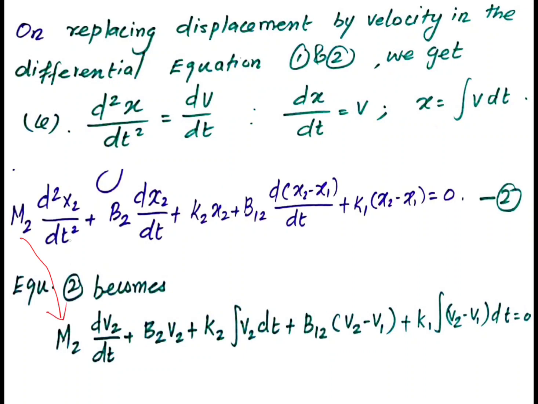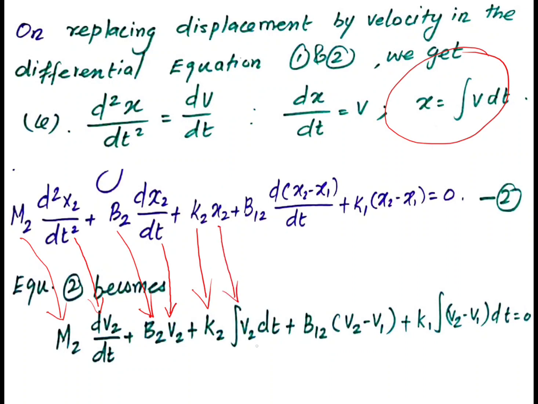Here d square x2 by dt square I am going to replace with dv2 by dt, b2 dx2 by dt is changed to b2 v2, plus k2 x2, where x2 is integration v2 into dt.